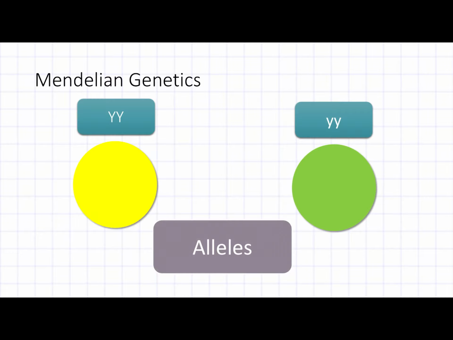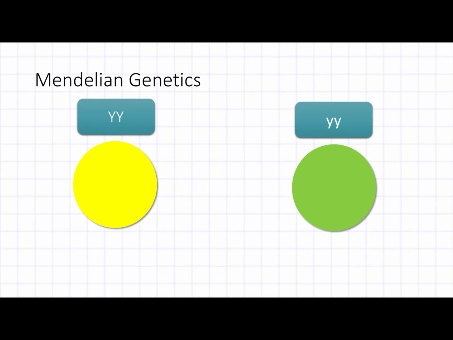So, in these yellow, one variation is to have 2 copies of the yellow gene. One variation is to have 2 recessive copies, and you get a green pea. So, we call this homozygous, meaning same. So you have 2 copies of the same gene.